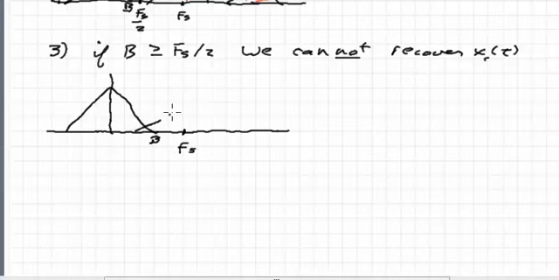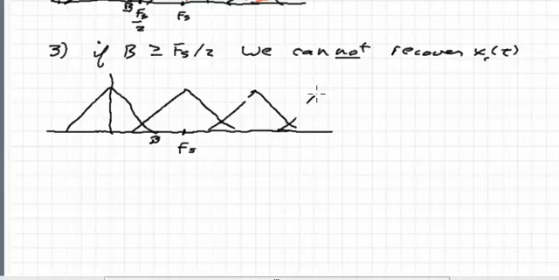I'm going to have something that looks like this. I get this overlap. So this is xs of f. Now, this is 0. Well, what does that mean when there's overlap?